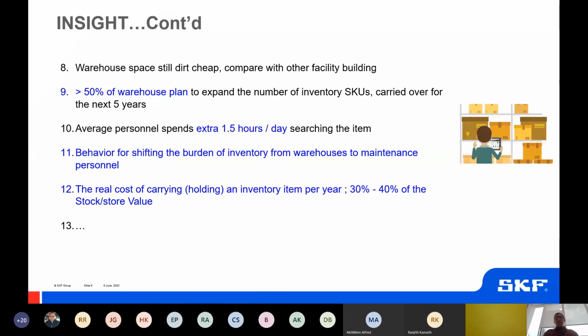In order to reduce the inventory level or the store value, whatever the maintenance personnel request, once the goods come into the warehouse, the warehouse people start shifting the goods to the maintenance personnel. They just move the item from the central inventory to the maintenance workshop or the maintenance warehouse or something like that.